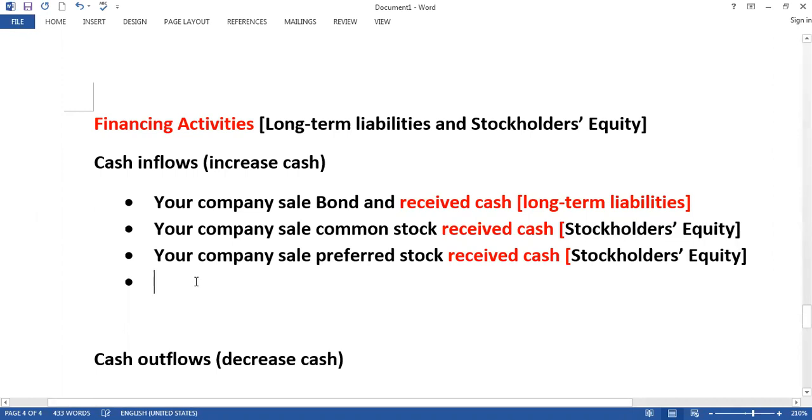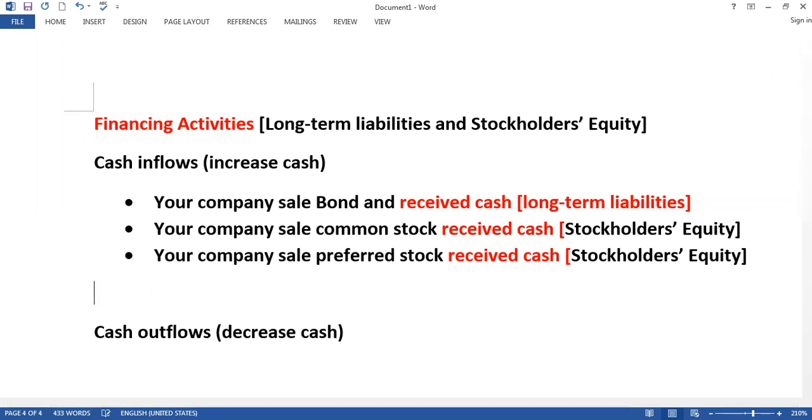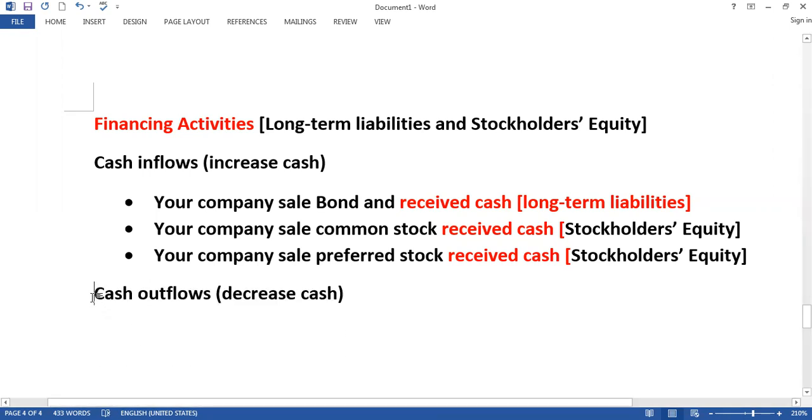So I believe you understand the difference between long-term liabilities and stockholders' equity, right? Your company sell bond and receive cash, it is related with long-term liabilities. And when your company sell common stock and preferred stock, receive cash, it is related with the stockholders' equity. This is called cash inflow.